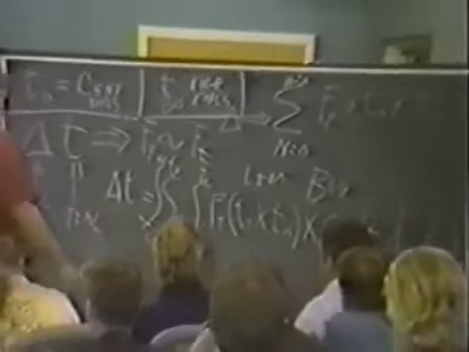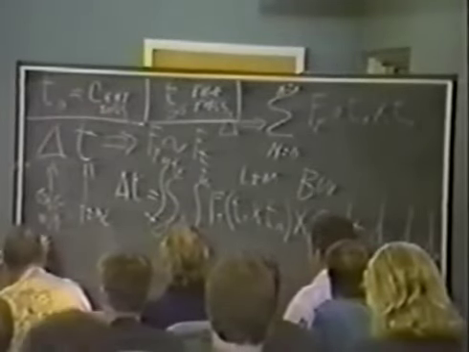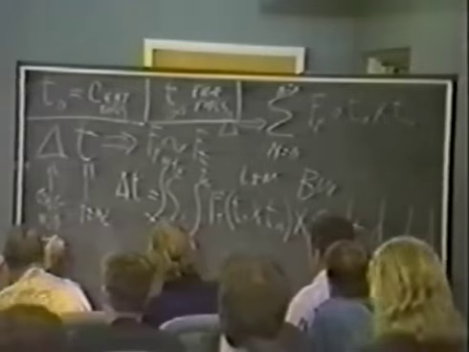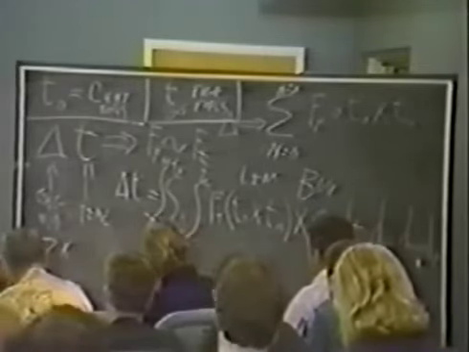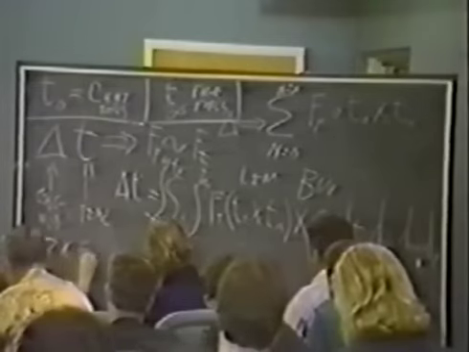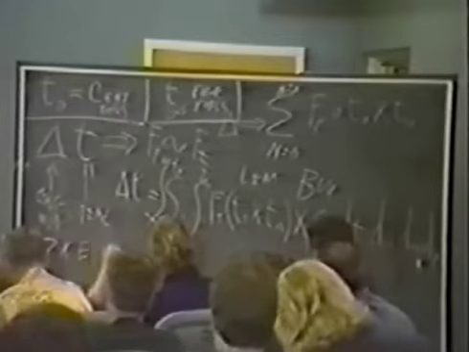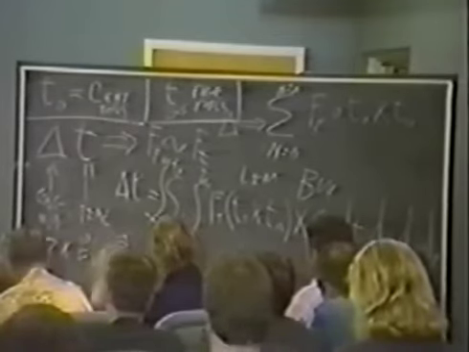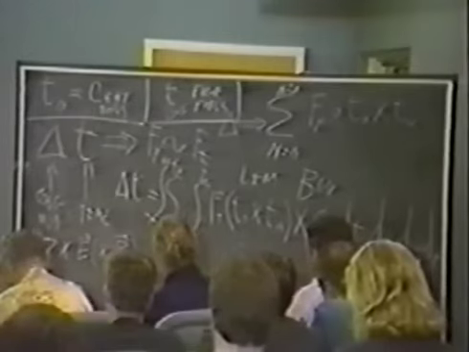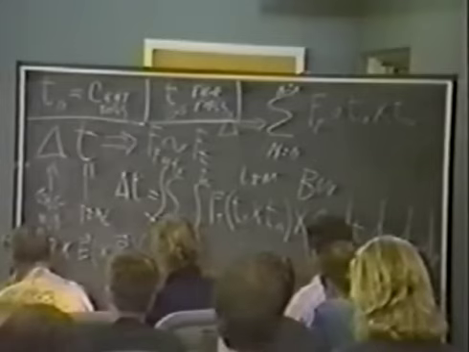That essentially is del cross E cross B. I'm not sure if I'm putting this down exactly correct.